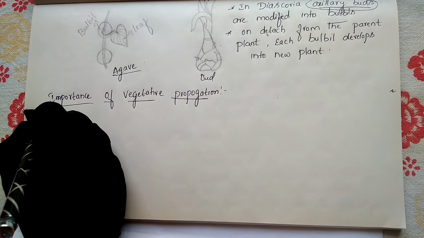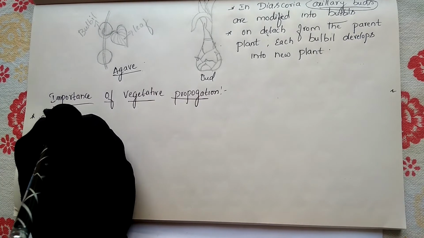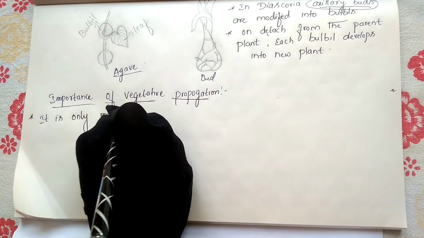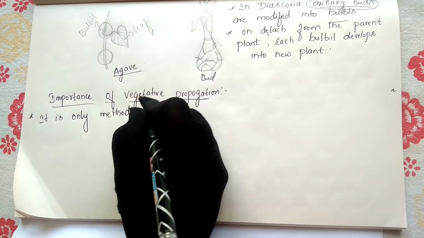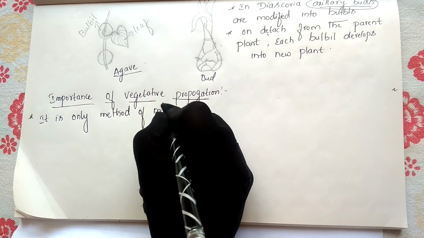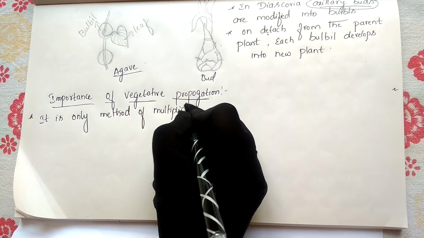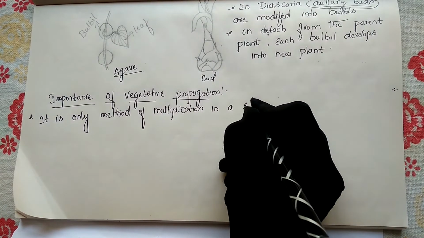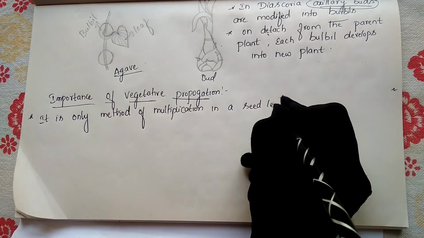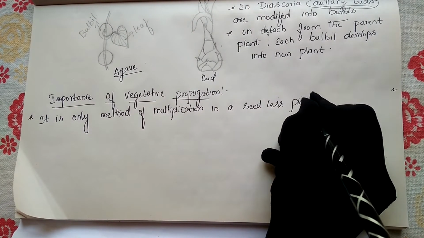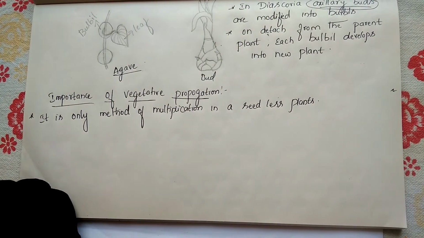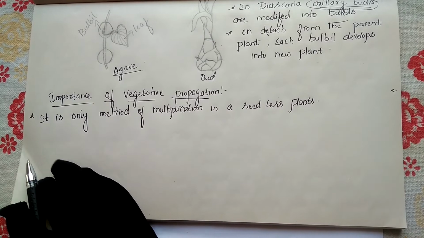This is the first importance of vegetative propagation. What does it mean?